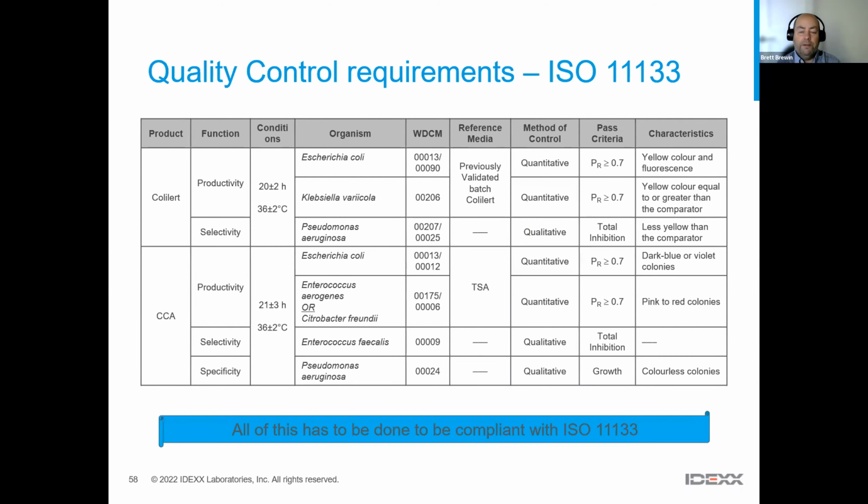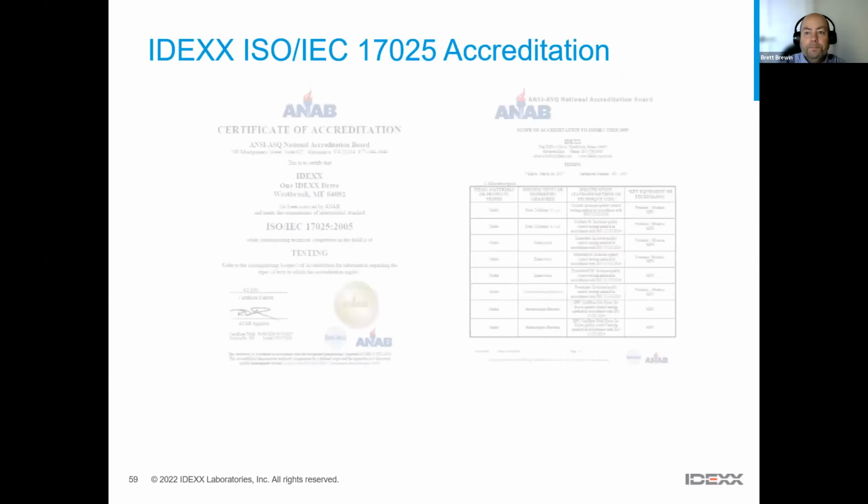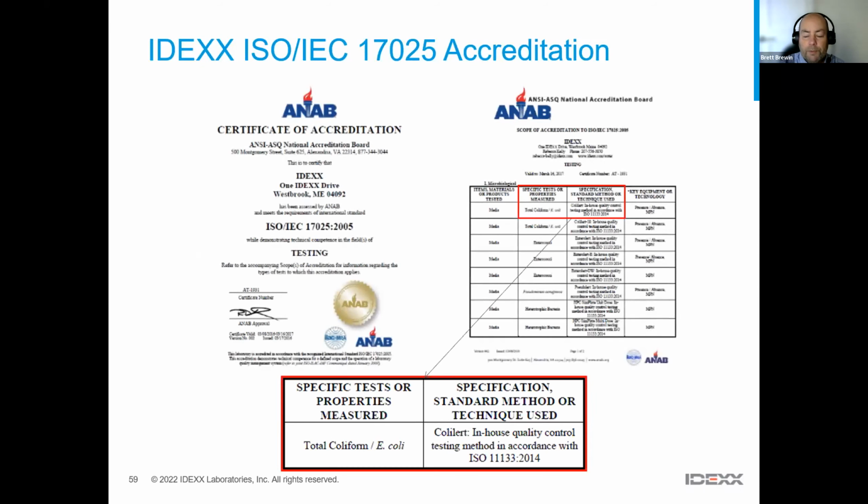If IDEXX didn't do this, the customer would have to do it. So we do all of this for you. We take on the burden of the quality control so that you don't have to do that. And we send you our certificates of analysis so that you can be reassured that this product has been tested in accordance with the required standards, and it meets the requirements of those standards.